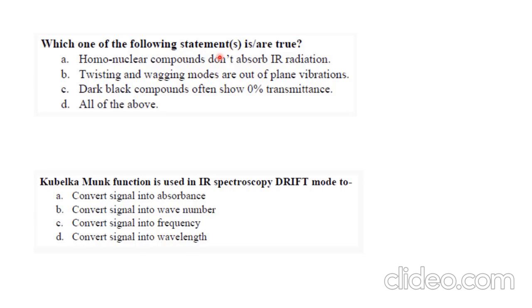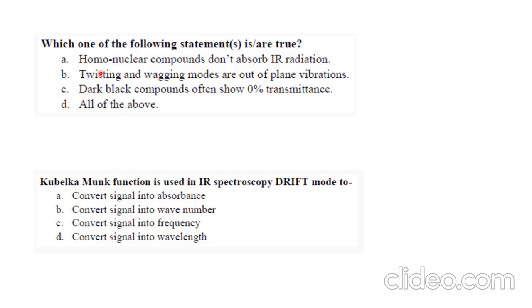All of the above, ma'am. All of the above. Yeah, exactly. As I told, homonuclear compounds means there is no change in the dipole moment, so they will not show any IR absorption. Twisting and wagging, as I've already told, are out of plane vibrations.